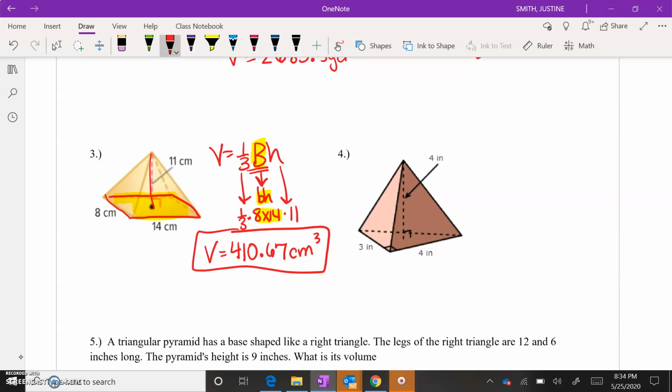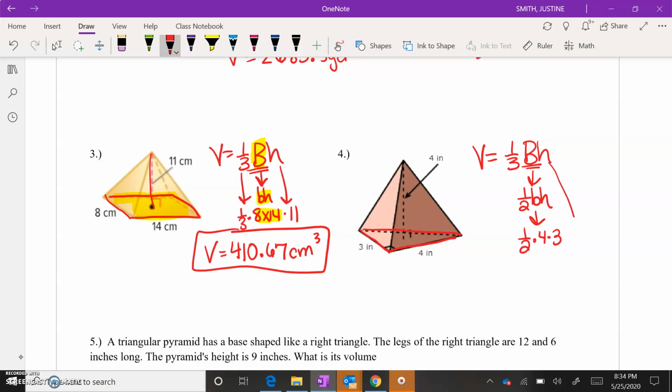All right, so same thing for number 4. We're going to look at the base here, which is a triangle. My formula is 1/3 area of the base times the height. So for a triangle, my formula is a half base times height. So I'm going to plug in 1/2 times 4 times 3.